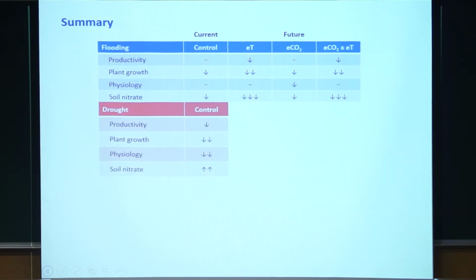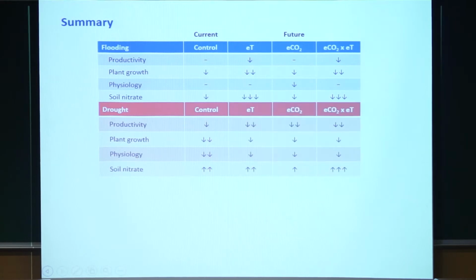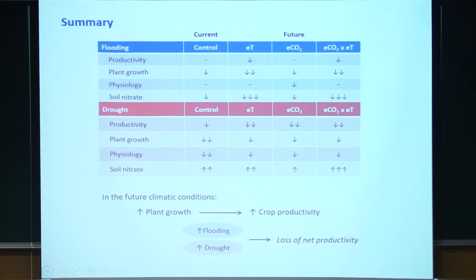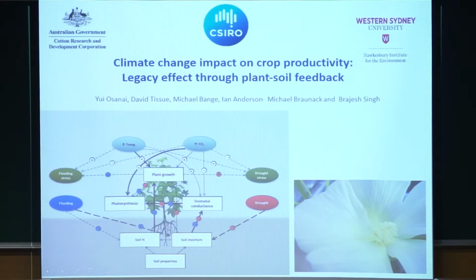And under drought, of course, everything was negative. And under future climate conditions, things were equally bad or worse. So in future climate conditions, what's the impact of these conditions? Well, both flooding and drought are going to generate a loss of net productivity, which I guess is not surprising, but hopefully we can tell you why that's going to be the case.